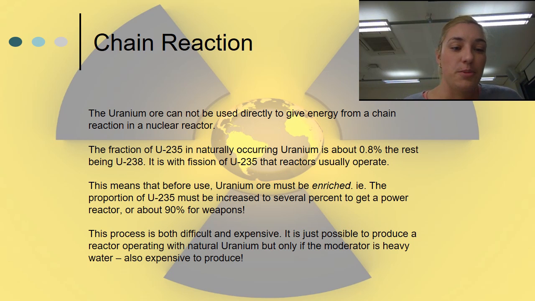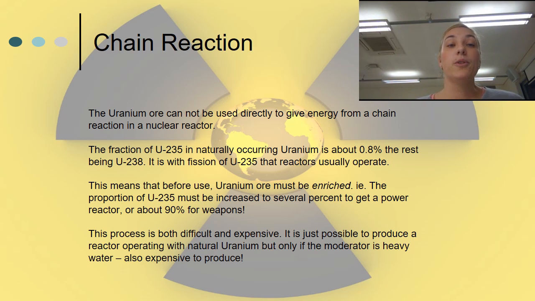One of the other issues with chain reactions and keeping them going is that the uranium ore that we get out of the ground can't be used to directly give energy in a nuclear reactor. The fraction of naturally occurring uranium-235 is about 0.8%, and the rest is a different isotope, which is uranium-238. So generally, to put in the reactor, we need uranium-235.